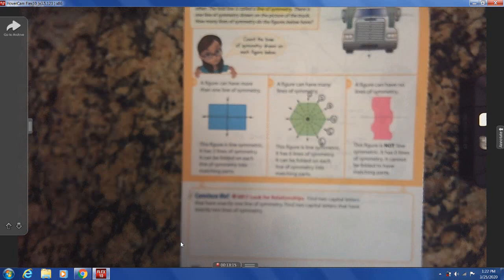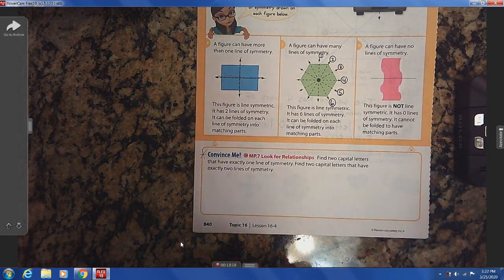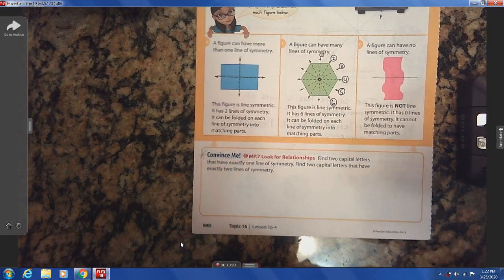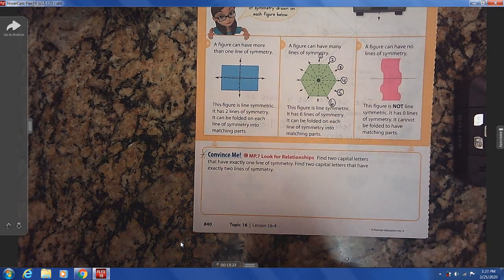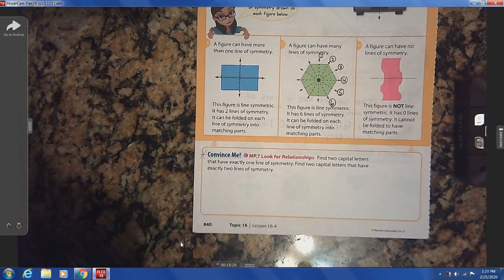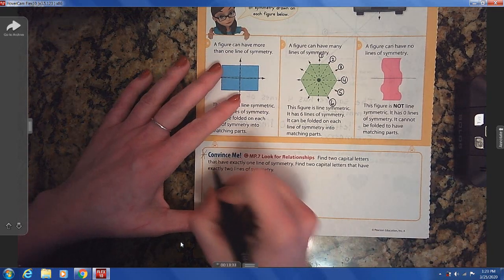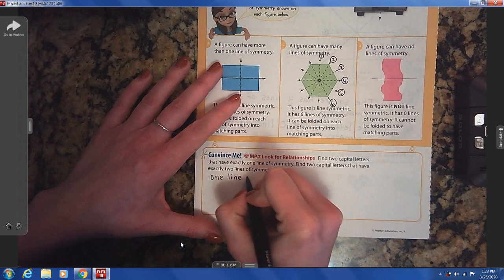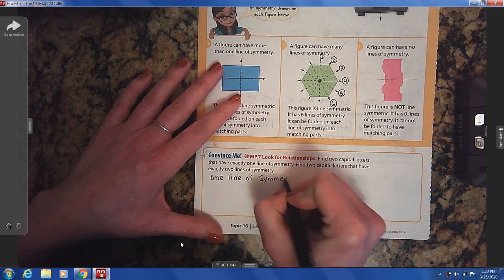Okay, down to the convince me. Find 2 capital letters that have exactly 1 line of symmetry. Find 2 capital letters that have exactly 2 lines of symmetry. So this is how we're going to set this up. 1 line of symmetry.